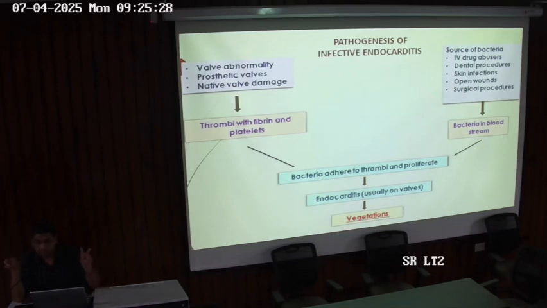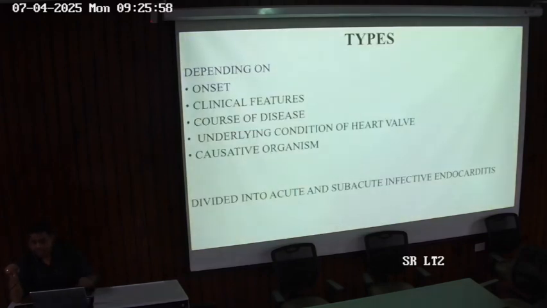So two mechanisms go side by side: how the bacteria enter and how the thrombi provide the medium for growth. Ultimately there is endocarditis. That is why we say that if the patient is going for a dental procedure, even though we don't know there is endocarditis, because of the chances of endocarditis, it is advised to give some antibiotic before the procedure. That is the same in any surgical procedure also. And then there is vegetation formation.